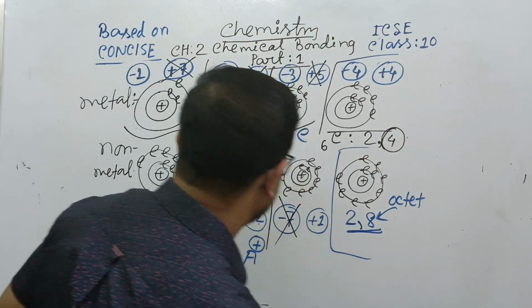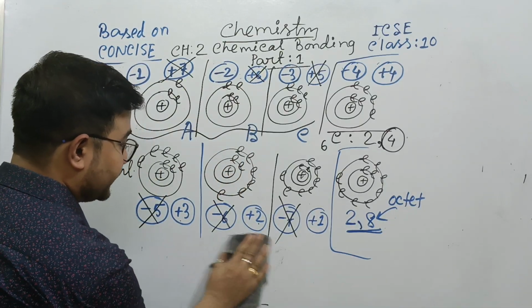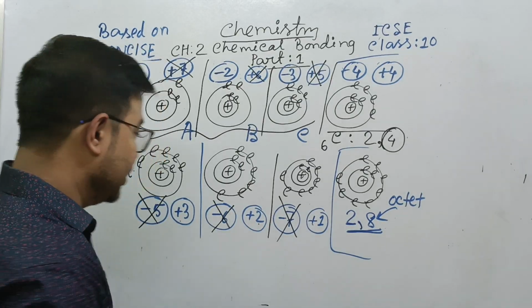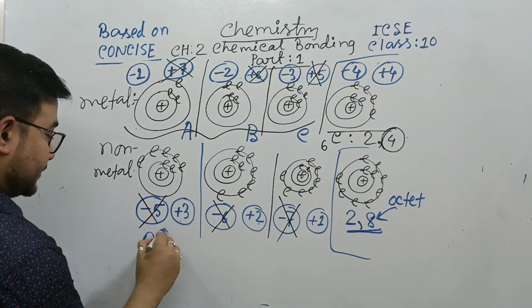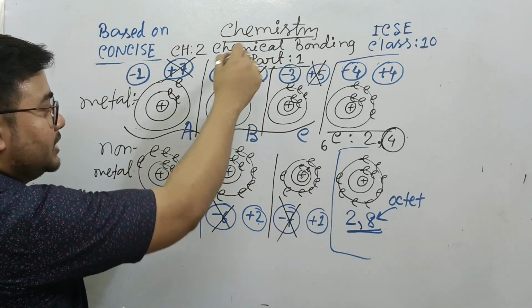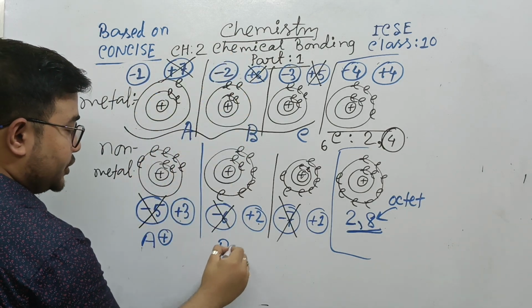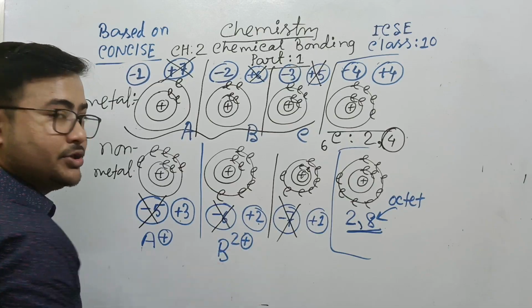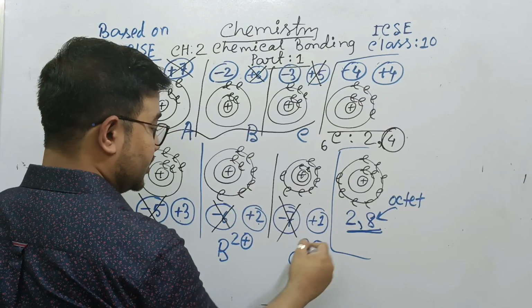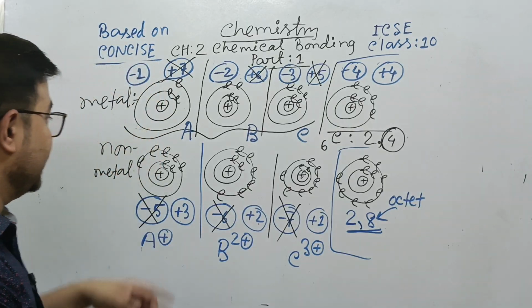Now look at the board. A donates how many electrons? 1. So A forms A plus, because 1 electron it donates. Here it donates how many electrons? 2. So B donates 2, so B becomes 2 positive. C donates how many? 3, so it becomes 3 positive. Do you understand?